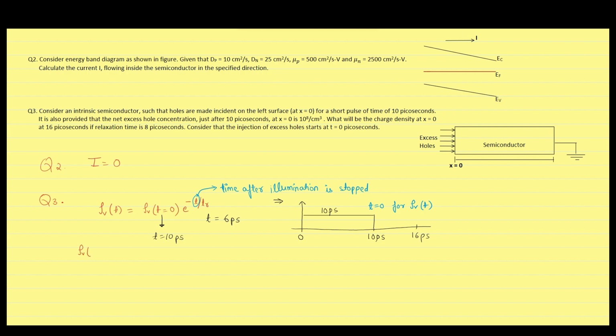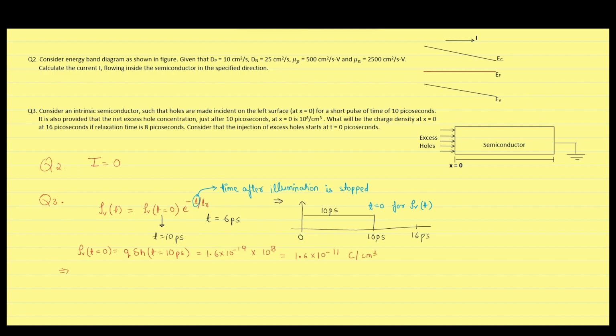Also, initial charge density or charge density at 10 picosecond is equal to charge multiplied by excess hole concentration at 10 picosecond, which is equal to 1.6 into 10 to the power minus 19 multiplied by 10 raised to the power 8, which will give 1.6 into 10 raised to the power minus 11 coulomb per centimeter cube.